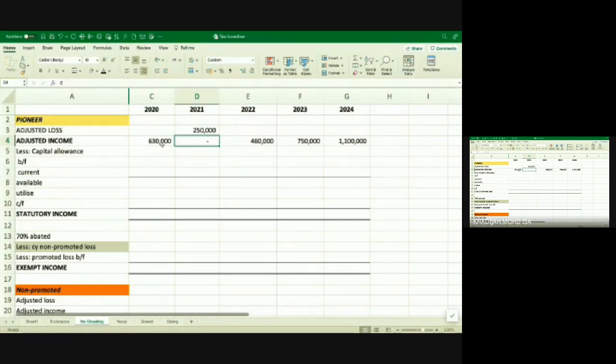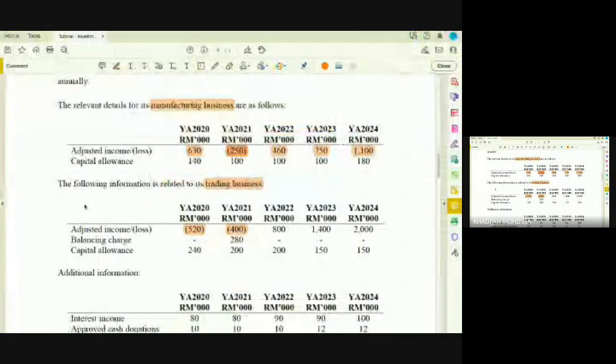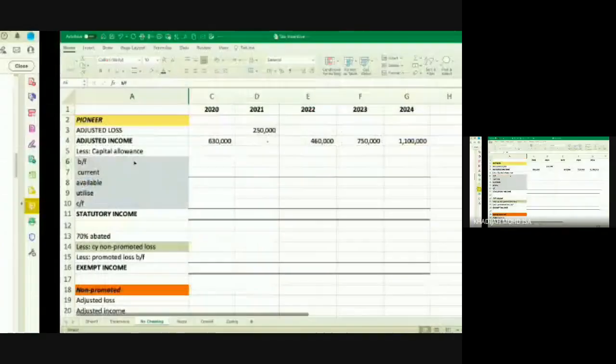All right, so once you have plugged in the information, then you have the class capital allowance. Remember that these are the things that you should have in your computation for your capital allowance: the brought forward, the current year available, utilized, and carry forward. So what are the information provided to you here? Capital allowance here, which one does it refer to?